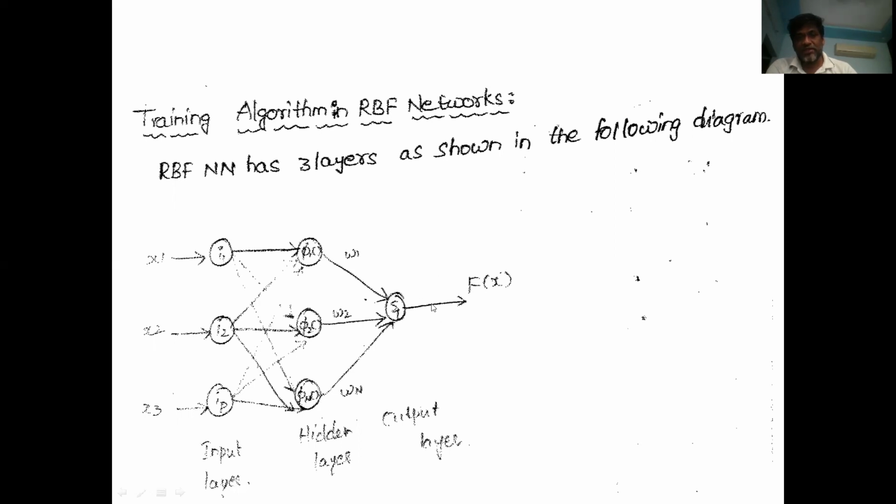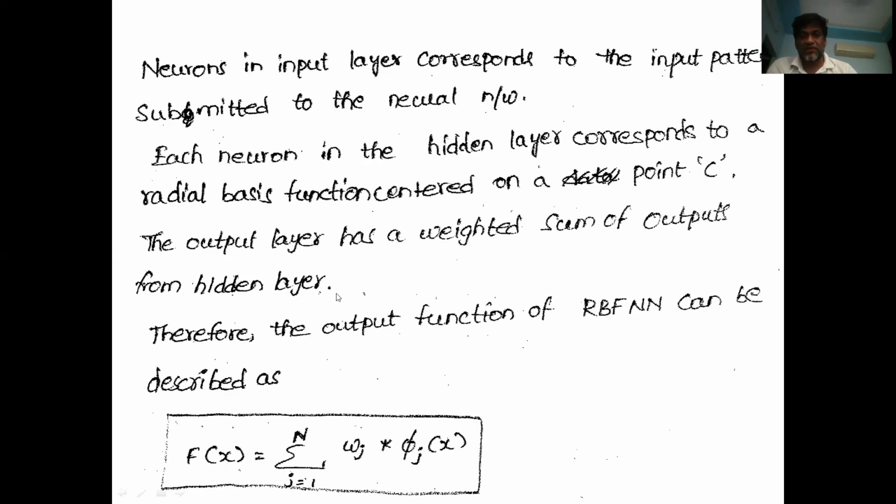So I can define the output of the output neuron as phi 1 of x into w1 plus phi 2 of x into w2 plus so on, phi n of x into wn. So we can now define this f of x.